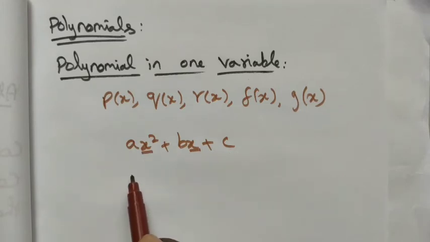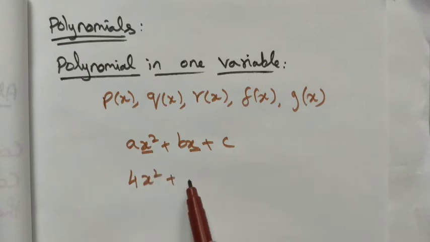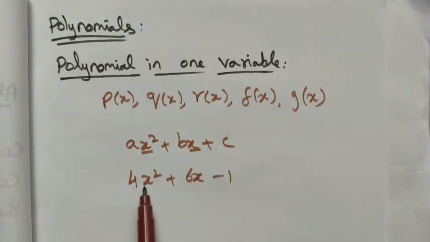For example, 4x square plus 6x minus 1. Here we have x, here also we have x. So a single variable, polynomial in one variable. The power may differ, but the variable must be the same. This is called a polynomial in one variable.